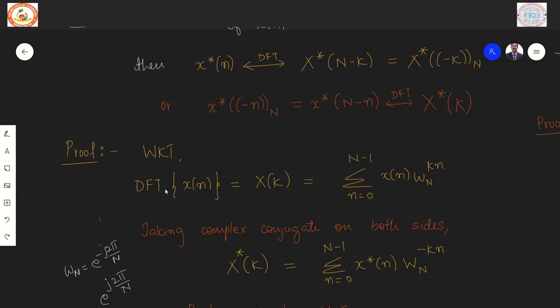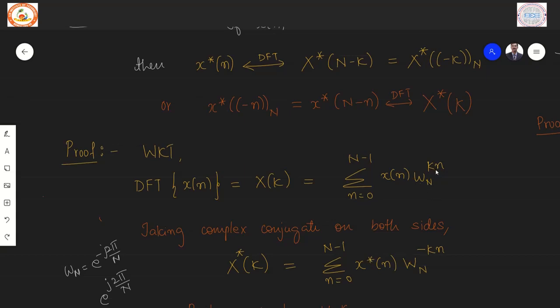Again, we start with the definition of the DFT. In this definition, let us take complex conjugate on both sides of the equation. Now, since x of k is complex, there exists its conjugate, which is x conjugate of k. On the right hand side, the input x of n could be complex and there could be a conjugate called x conjugate of n.